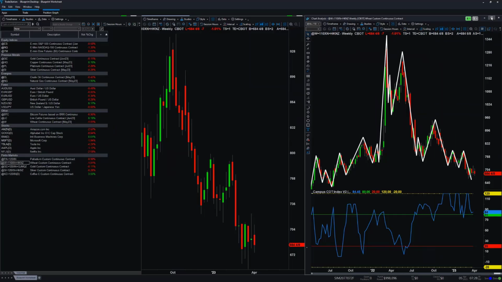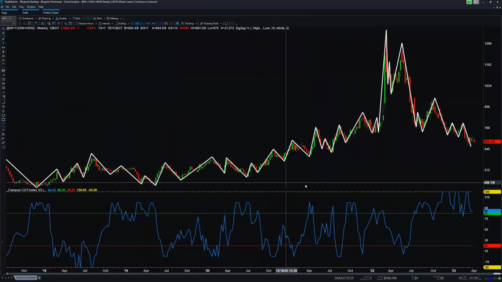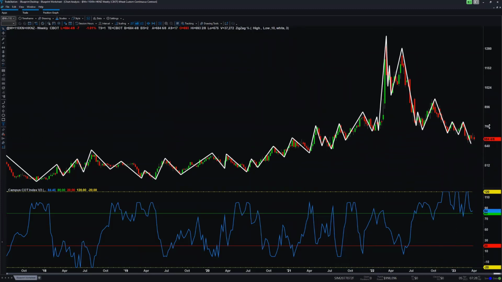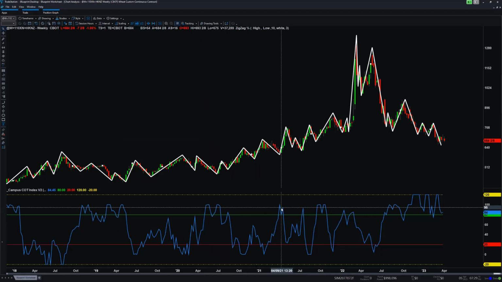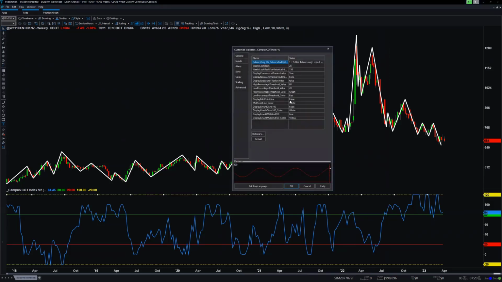This is our wheat chart, right? Our wheat chart is what we talked about extensively the last time. Commercials we can see, and we talked about them extensively. We don't have to talk about them again. However, what we now can do is double click on this indicator and I can see the speculators right here. And the speculators, I can just turn them on or I can turn them off.